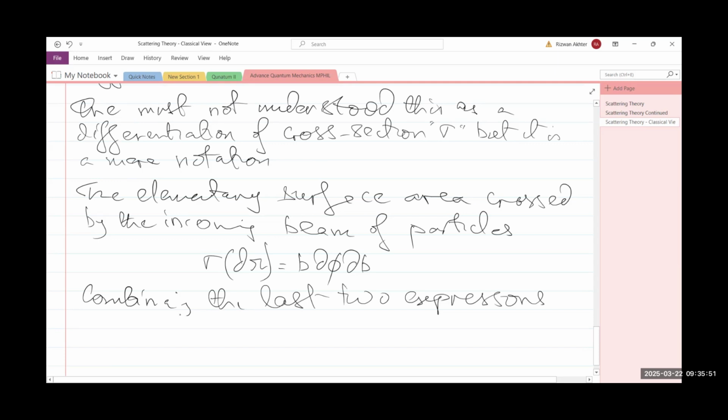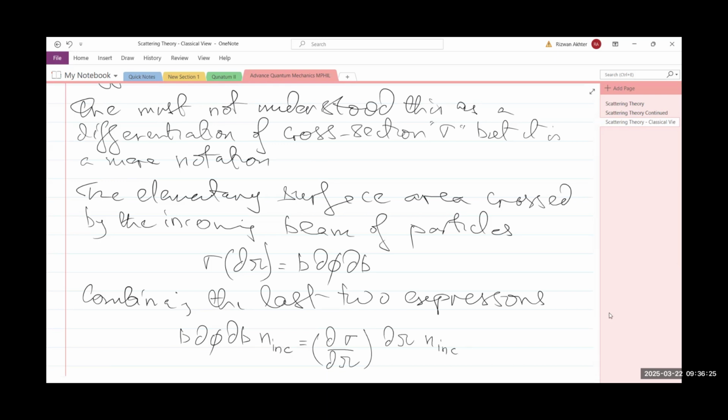क्या हो जाएगा आपके पास? We have b d phi db, and multiply on both sides, which is equal to d sigma upon d omega times d omega. So this is basically now the relationship between the differential scattering cross section and the impact parameter.